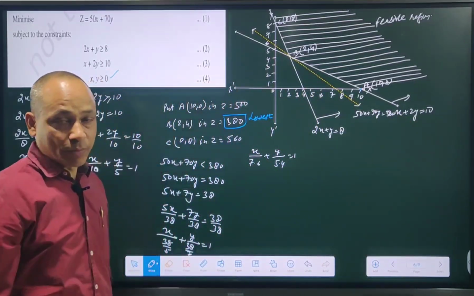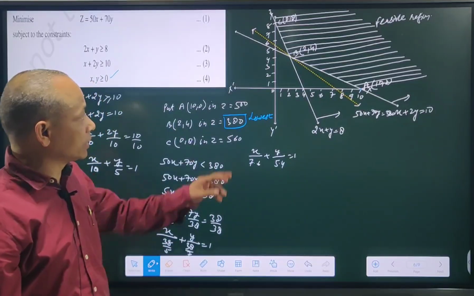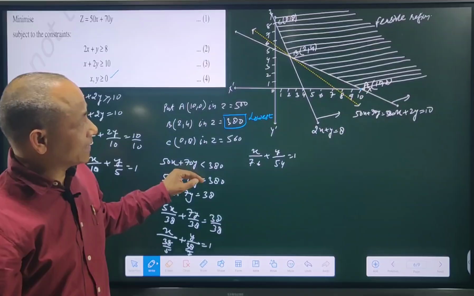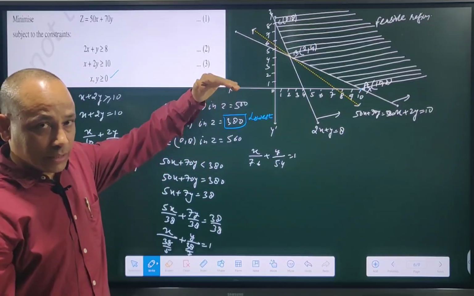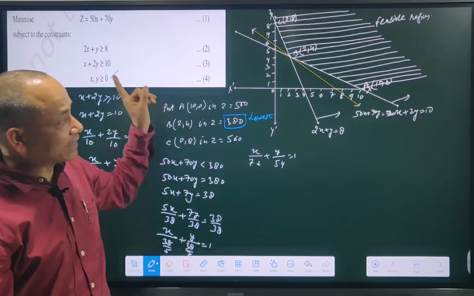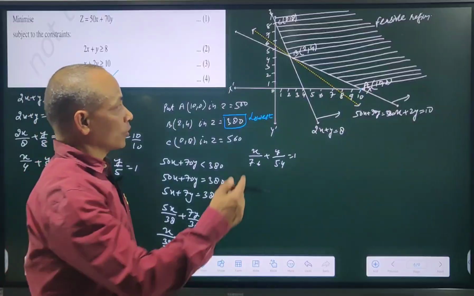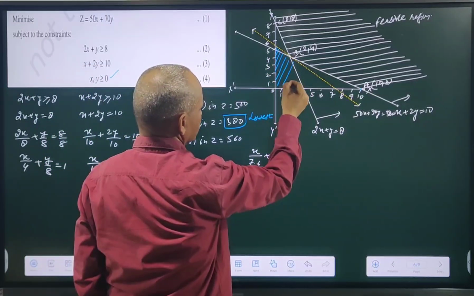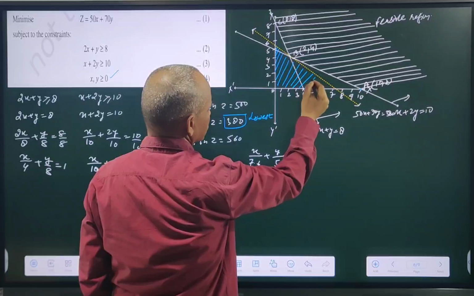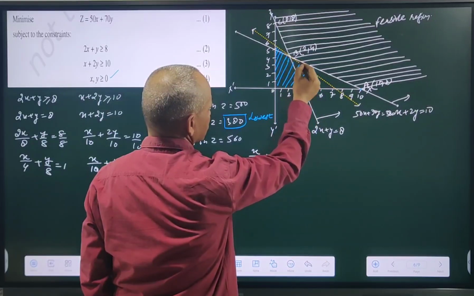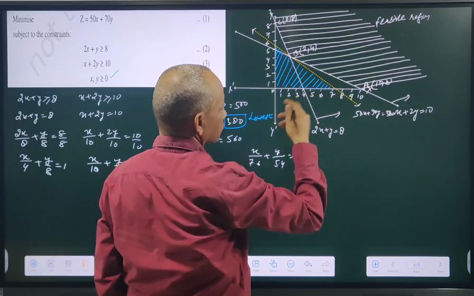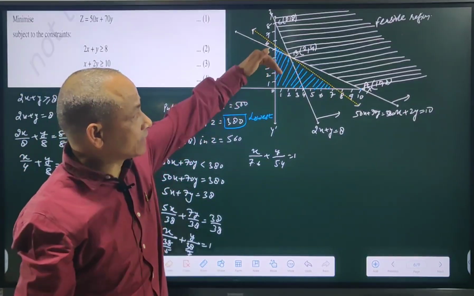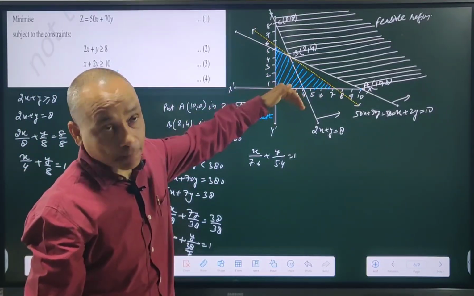The region that will be represented by this inequality, let us take 0, 0: 0 plus 0 less than 380, yes. So the region towards the origin is to be shaded, and that too only in the first quadrant. This is the solution of this inequality, that is the open half plane.